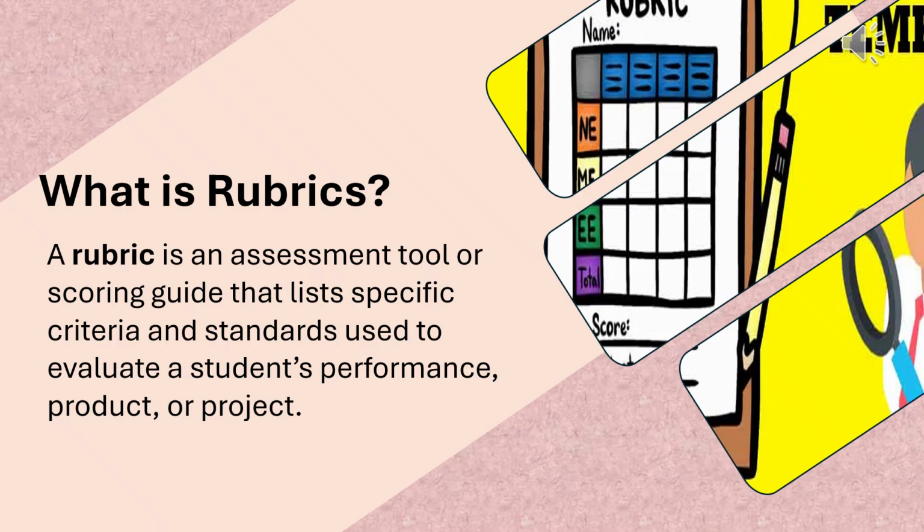A rubric is an assessment tool or scoring guide that lists specific criteria and standards used to evaluate a student's performance, product, or project. It shows what is expected and describes different levels of quality ranging from excellent to poor.